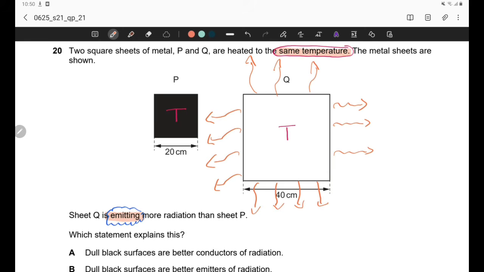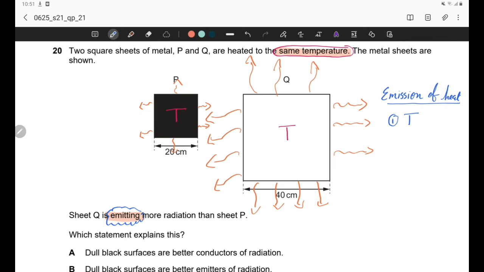So when we look at the emission of P, which is less, only this much, but even though sheet Q has the same temperature, it emits more. So we can check what factors affect the emission of thermal energy or heat from a surface. The first point is its temperature.